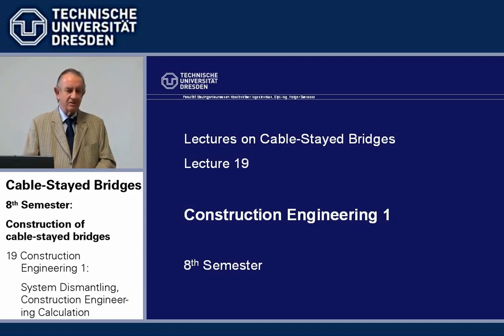We start by designing a cable-stayed bridge in its final stage. But to build the bridge, we also need to know how it's put together under especially 2 points of view. On one hand, we must ascertain the safety during construction at each stage.